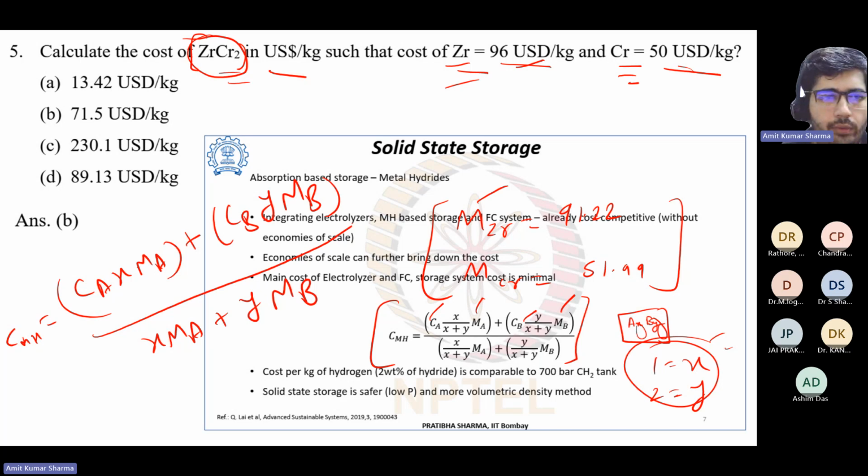You have the values of CA x MA, CB y MB, you have everything. If you put these values, then you will have the answer as 71.5 USD per kg.